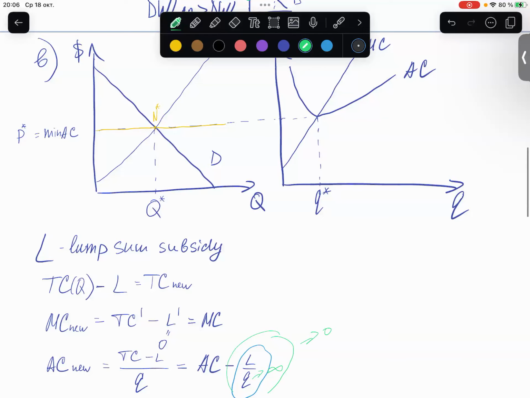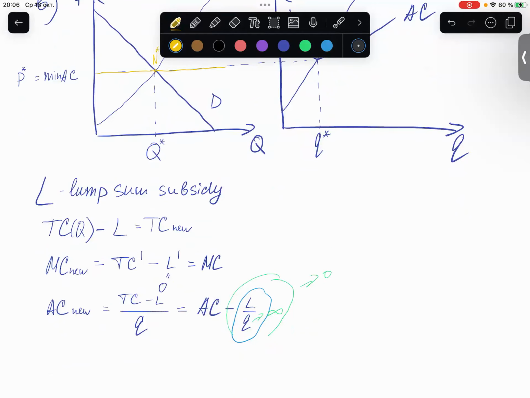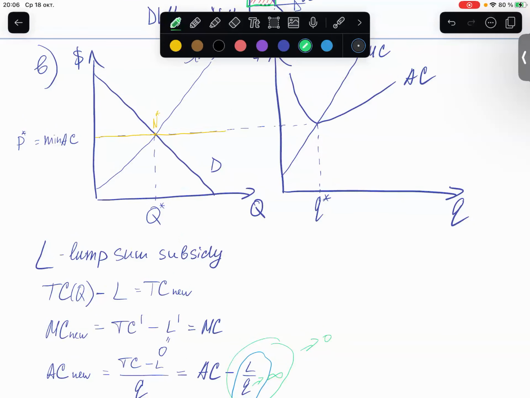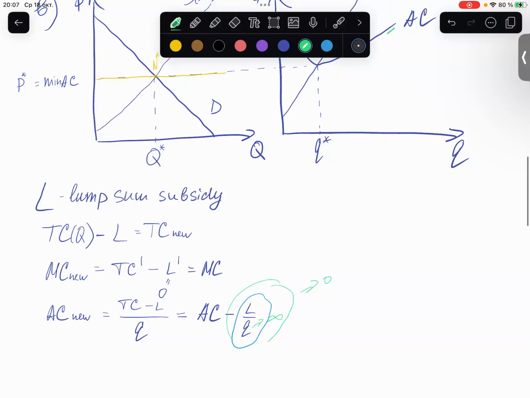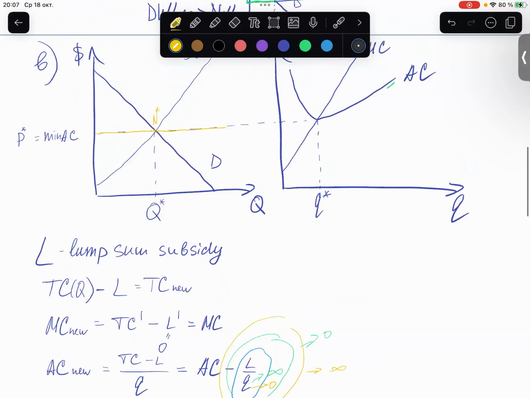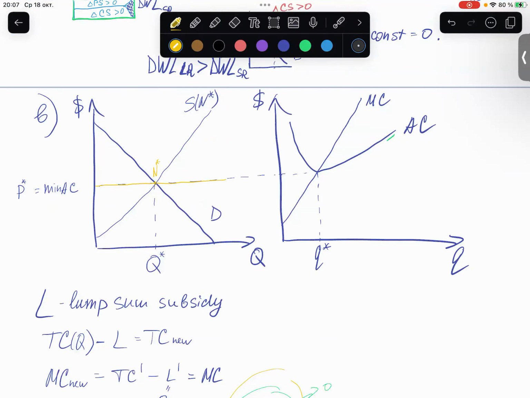Okay. If the quantity is low, vice versa, this part is very big. It is approximately infinity. So between the average costs that were before and the new ones, this difference is very, very big.